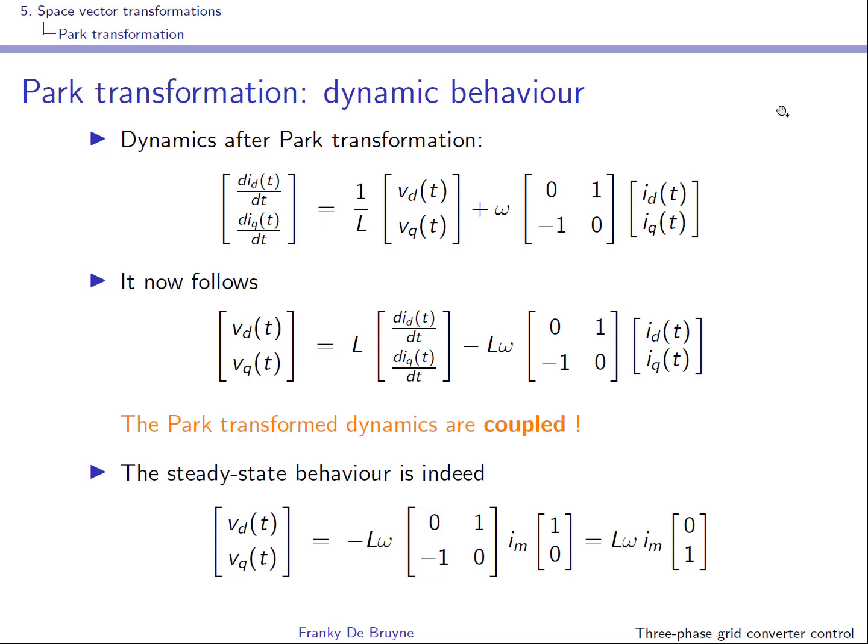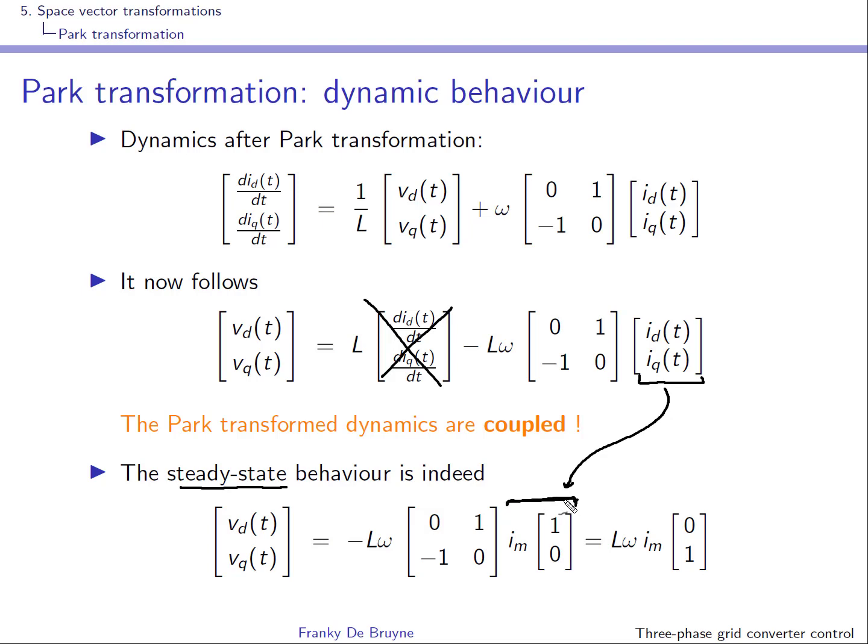Well, we can now see if this equation is consistent with the steady state behavior that we had observed previously. If we look at the steady state behavior, we can cross out this term over here, because in steady state we know that everything is constant. And we'll look at currents that are such that you have only this D component.